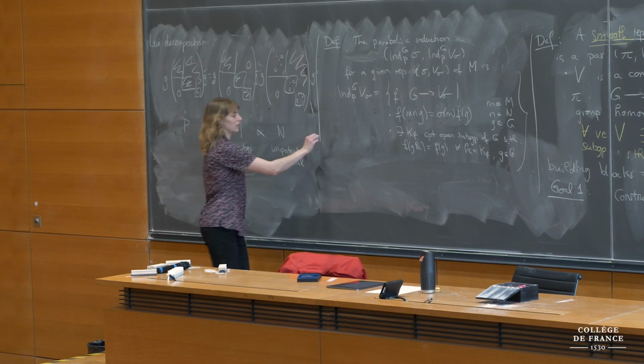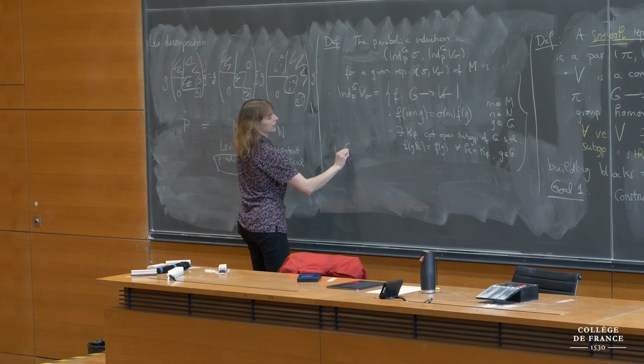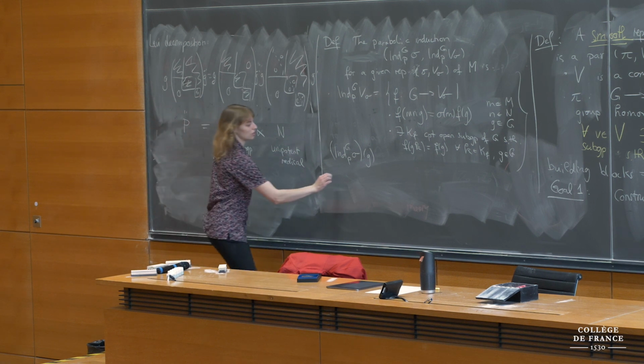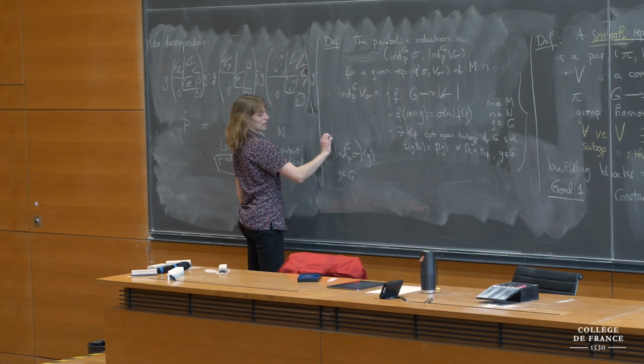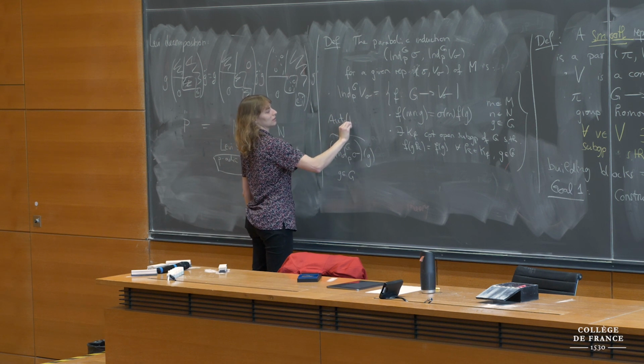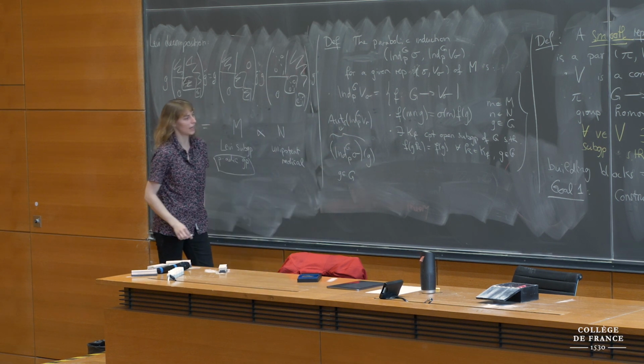And what is the action? So the action is as follows. So this is the name of the representation. Now I need to tell you what it is if we apply it to g being some element in G. So this is by definition something that lies in the space of automorphisms of this big vector space. And what is that?